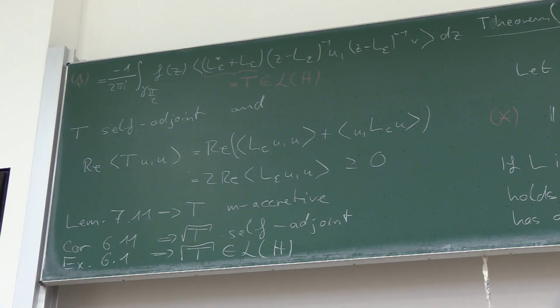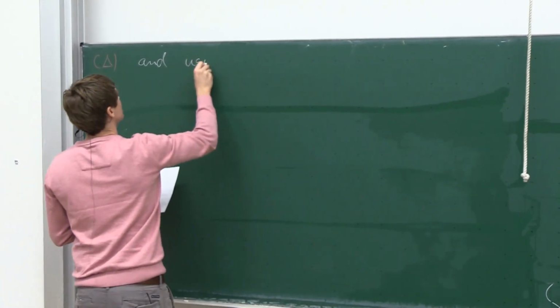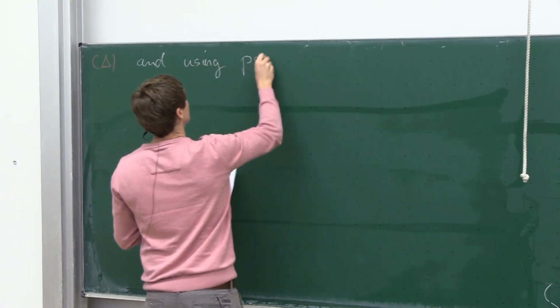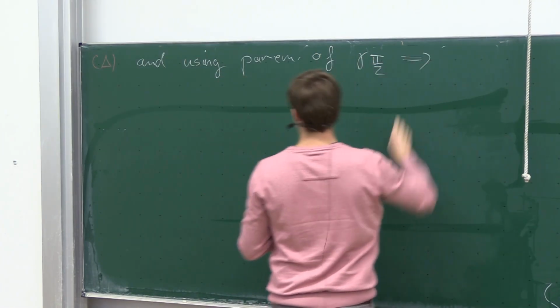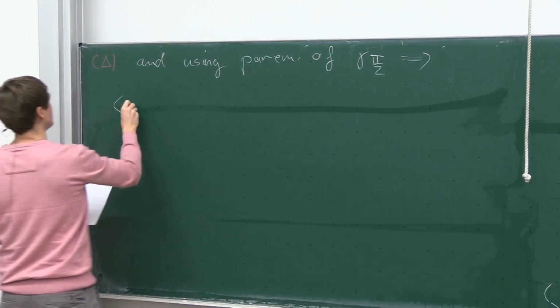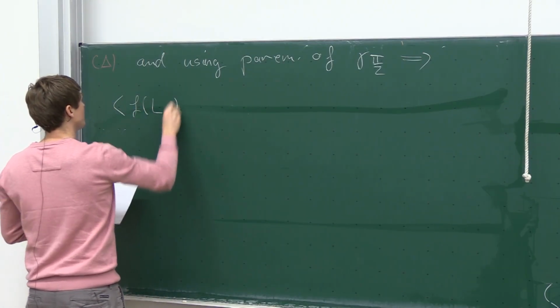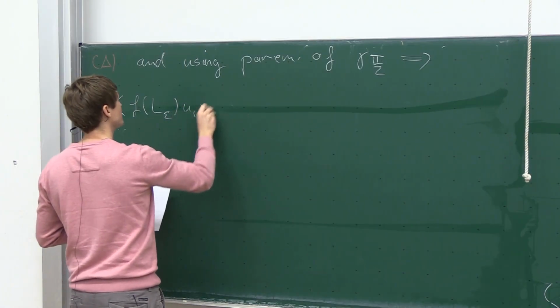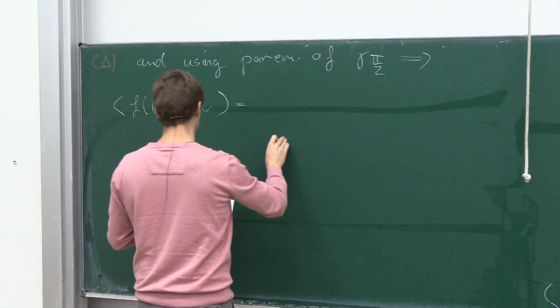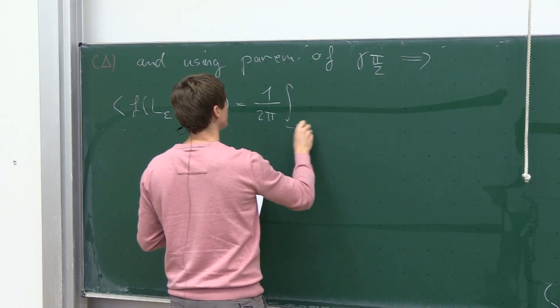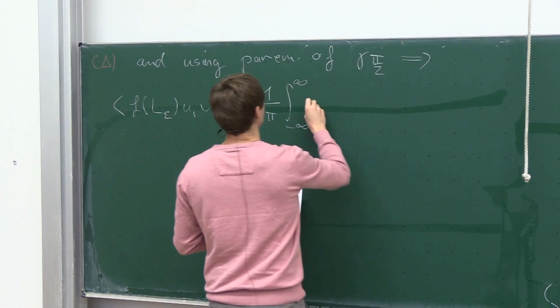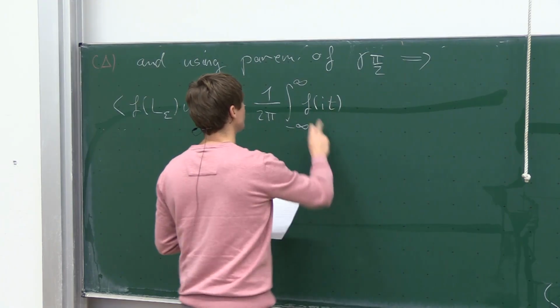We use this equation, and then we plug in the parametrization of the path gamma pi over 2, and we find a new identity, namely that f of L epsilon applied to u and tested by v is the same as 1 over 2 pi times the integral from minus infinity to plus infinity, and now we integrate over f of it.